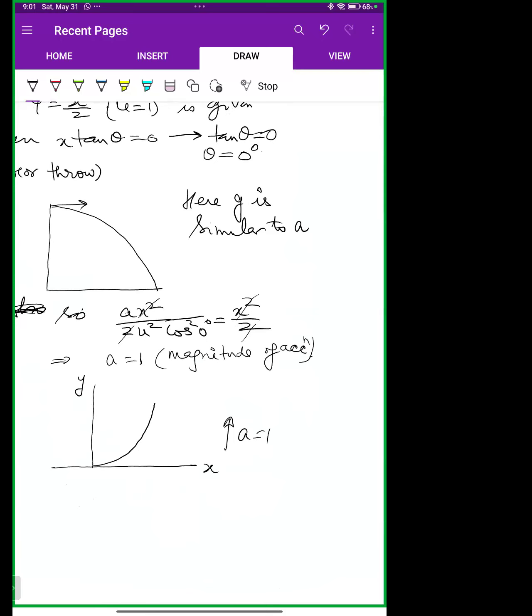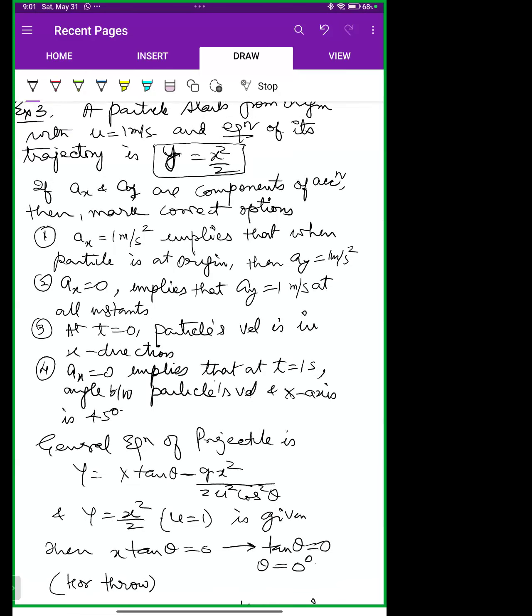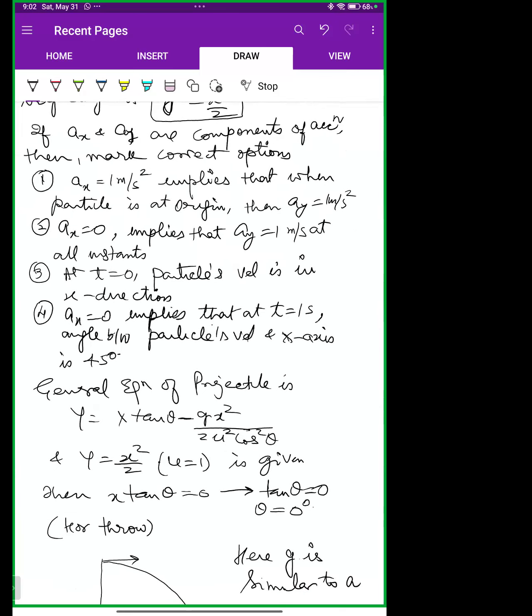Now we are going to search for the answers. The first option says ax equal to 1 meter per second square implies... ax is not 1 meter per second square, so we cannot imply anything. If there was ax, then this parabola equation would not have come.